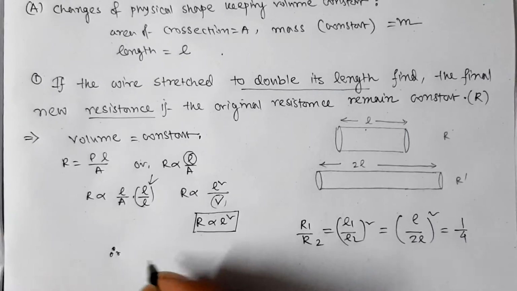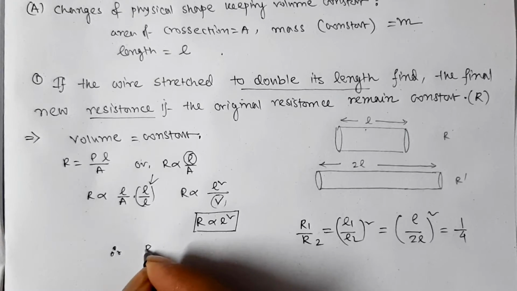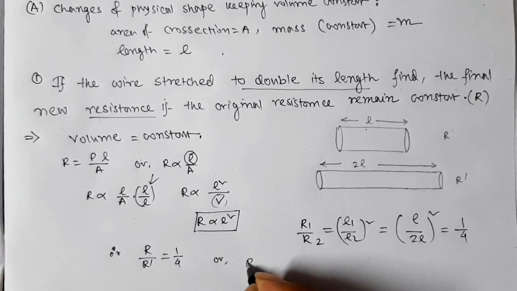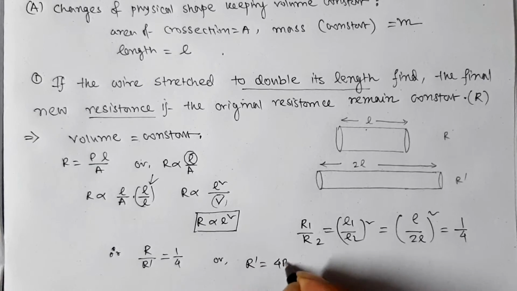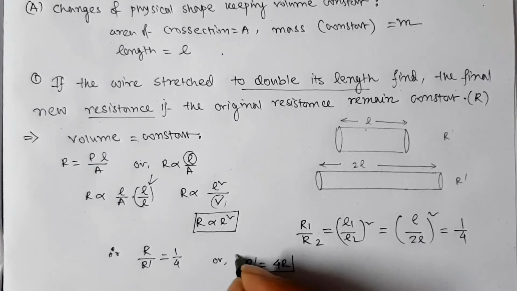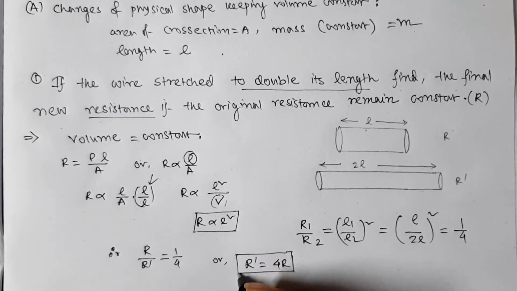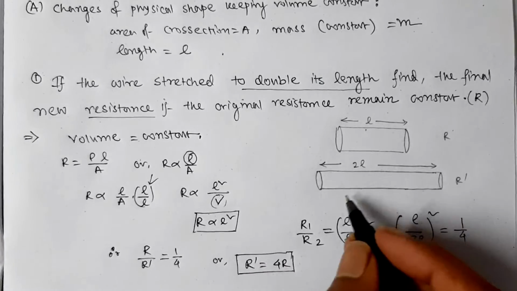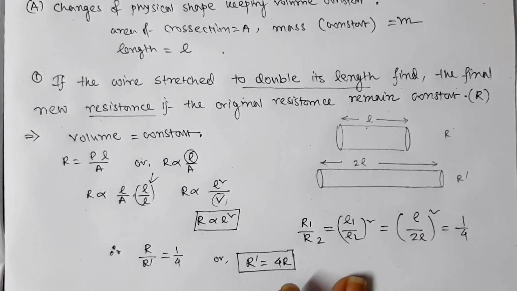So R by R dash is equal to 1 by 4, or R dash is equal to 4R. So it is 4 times the old or original resistance. So if we stretch a wire to double its length, the resistance will increase by 4 times.